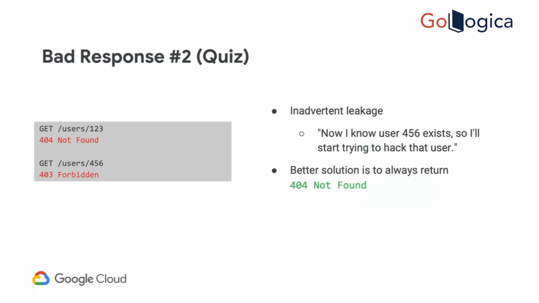So what they can do is understand, okay, if I'm getting a 403, this means this user ID exists. If this user ID exists, they will try to start using other ways to hack the data.